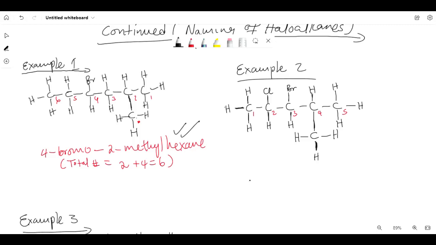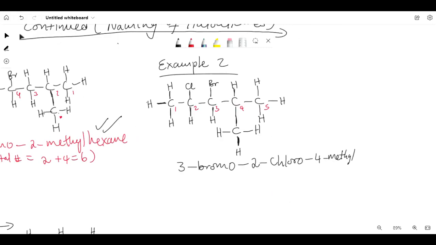So I'll start by saying 3-bromo-2-chloro-4-methylpentane, because we have 1, 2, 3, 4, 5 carbons.